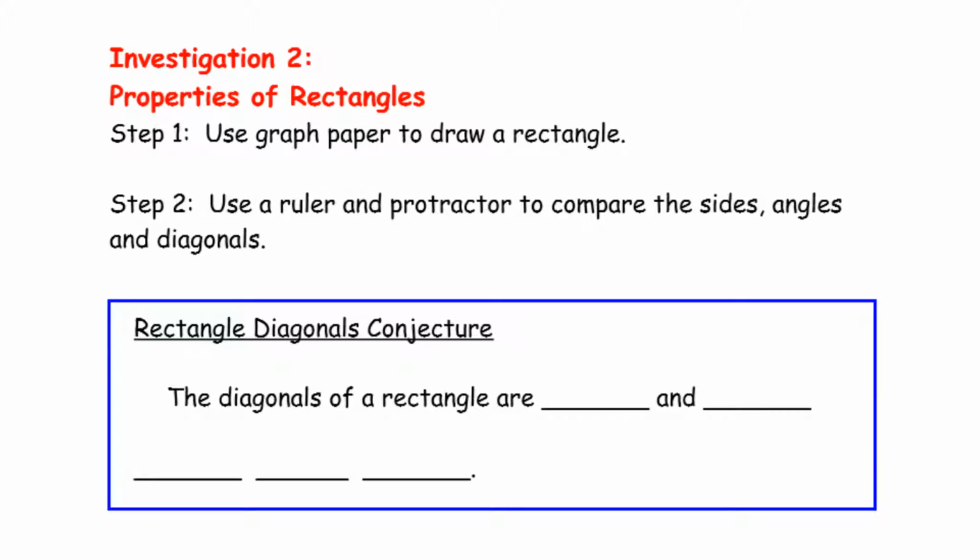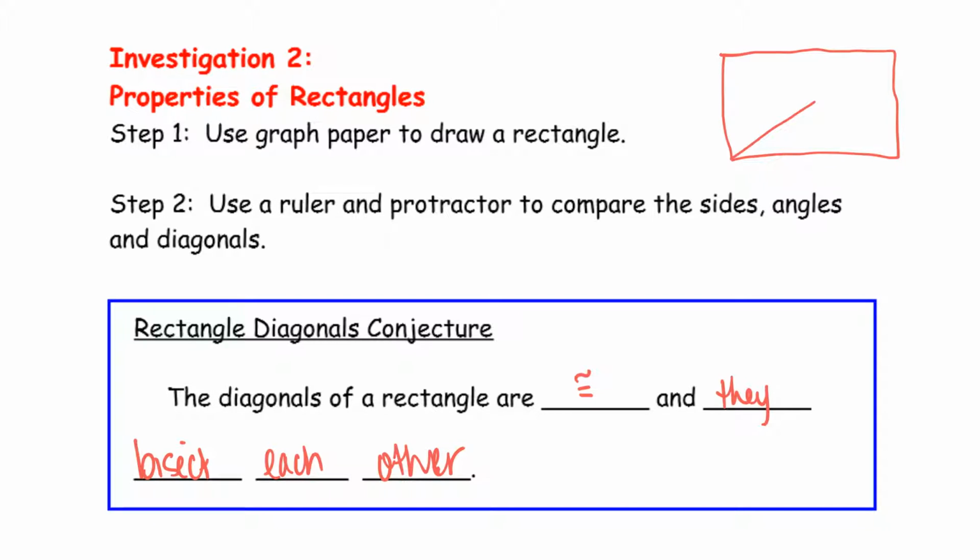The diagonals of a rectangle are congruent. They are the exact same length and they bisect each other. Think about this: if they bisect each other, we know, for instance, those two pieces have to be congruent.